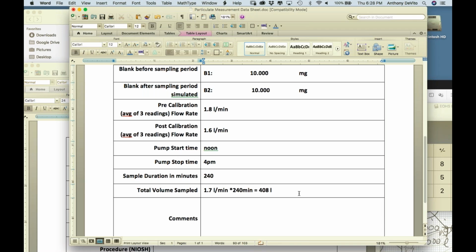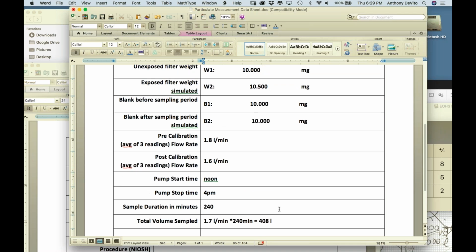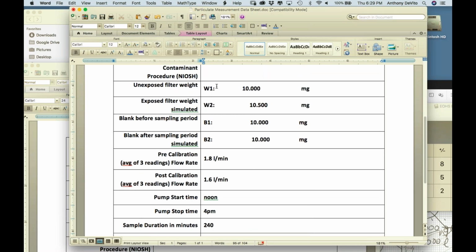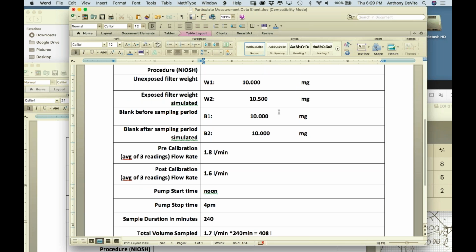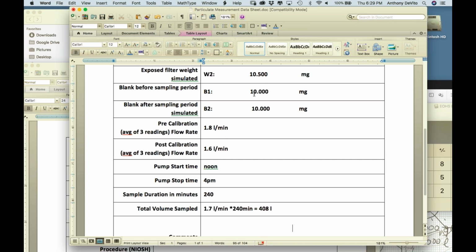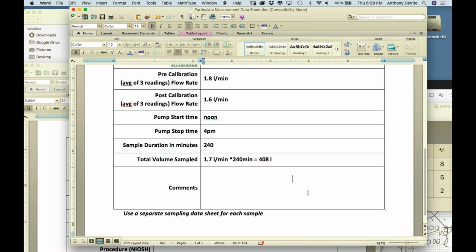Liters of air, right? So now we can attempt to figure out what was the concentration in air. The difference, W2 minus W1, is 0.5 milligrams. And we're not subtracting anything for the blank because it was the same before and after.